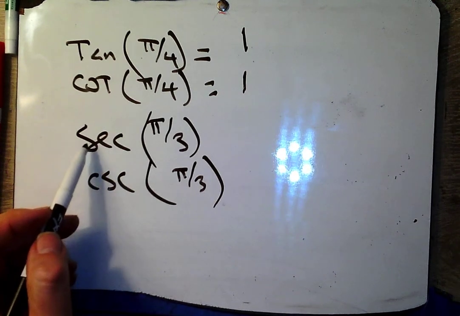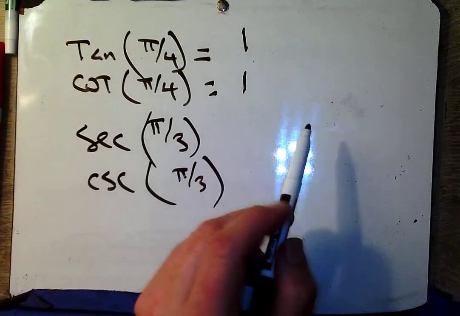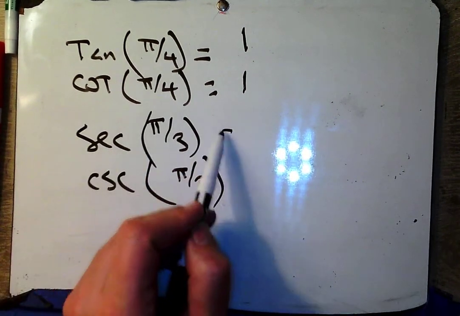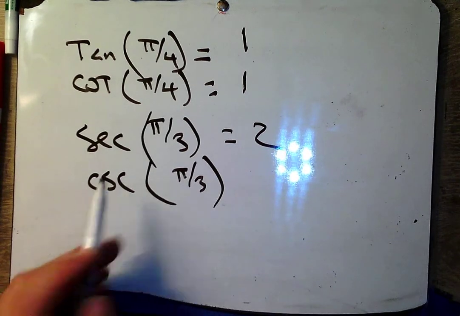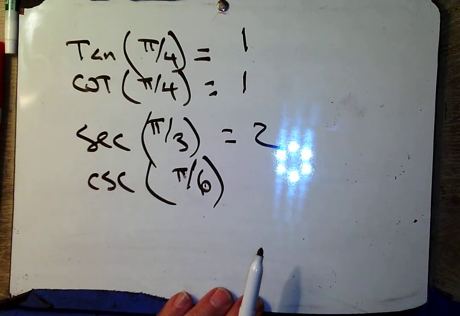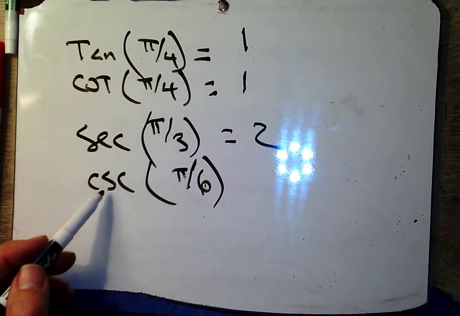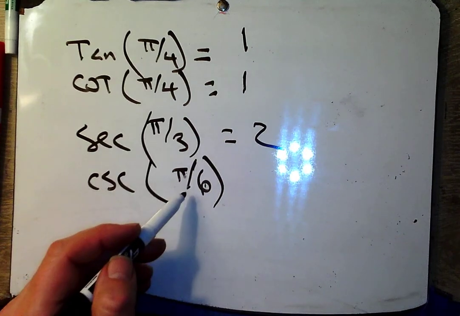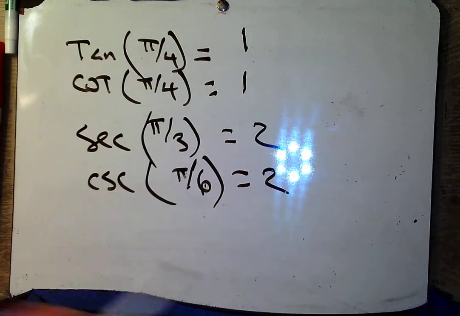Well, I don't know the secant of pi over 3, but I know the cosine of pi over 3 is 1/2, and secant is the reciprocal of that. So 2 over 1. What about cosecant of pi over 6? Well, I don't know cosecant, but I do know that cosecant is the reciprocal of sine. The sine of pi over 6 is 1/2. So if I make the reciprocal, I get 2.